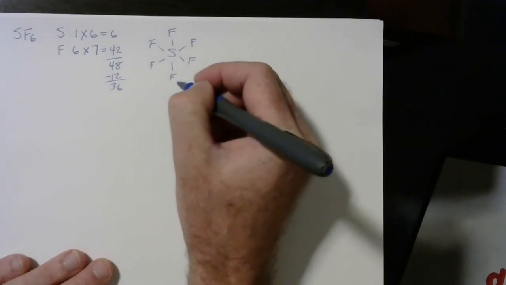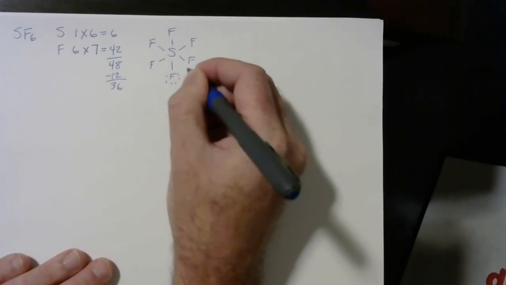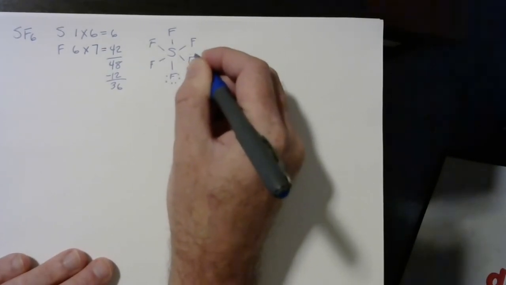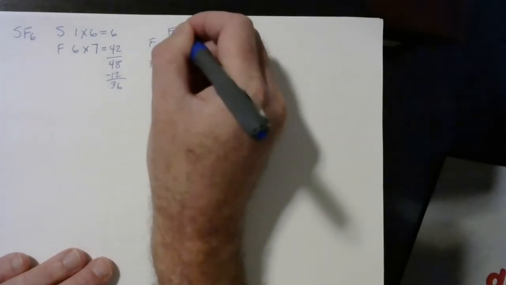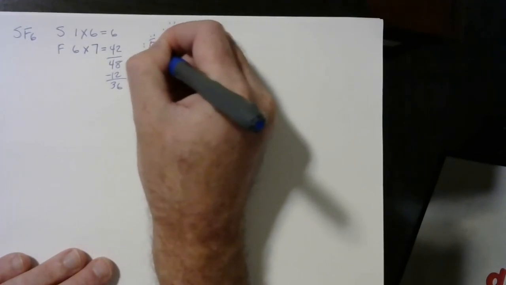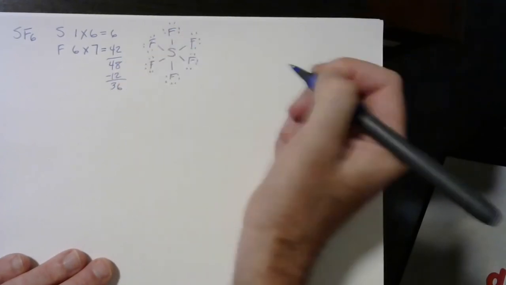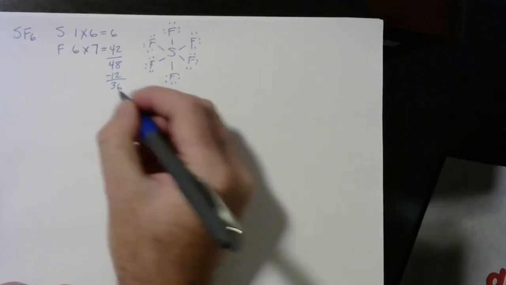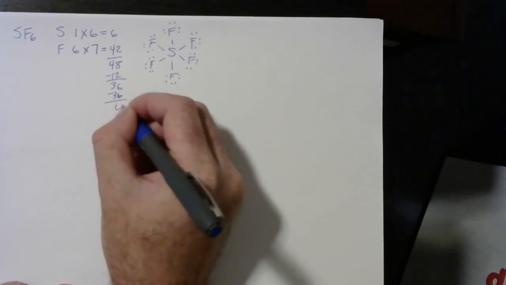Each one needs 6. 6 times 6 is 36. So all we really have to do is fill in the non-bonding electrons. And that would be a completed structure for the sulfur hexafluoride.